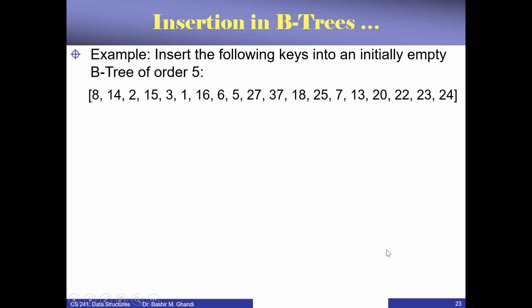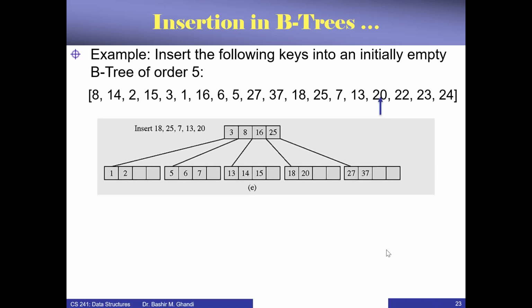So this is what you have after all of those insertions. After inserting 18, 25, 7, 13, and 20, this is what you will have. Okay. So you only need to draw a new tree actually if a splitting occurs. If a splitting occurs, you have to draw a new tree and show the result.